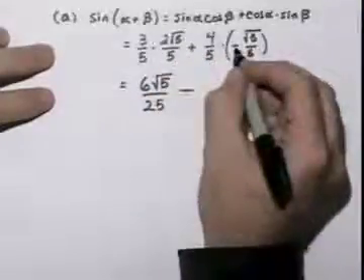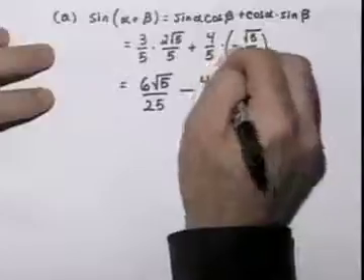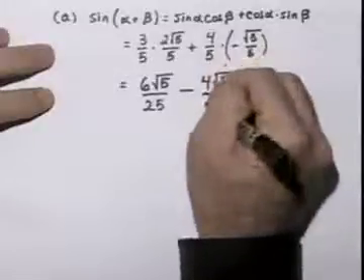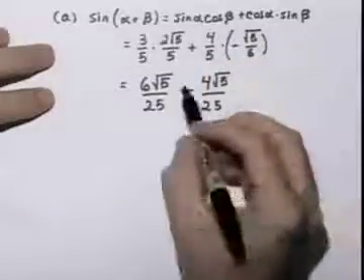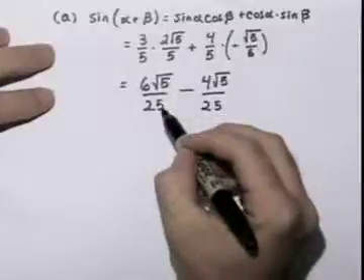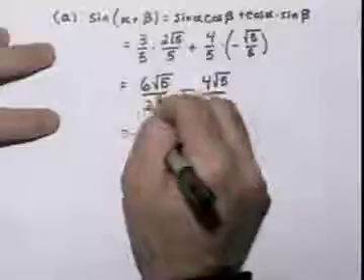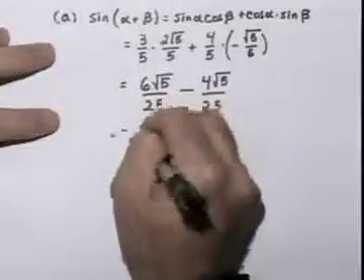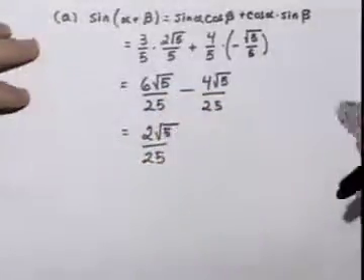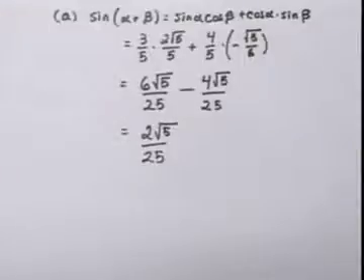Then we're going to have a minus 4√5/25. 6√5/25 minus 4√5/25 is 2√5/25.